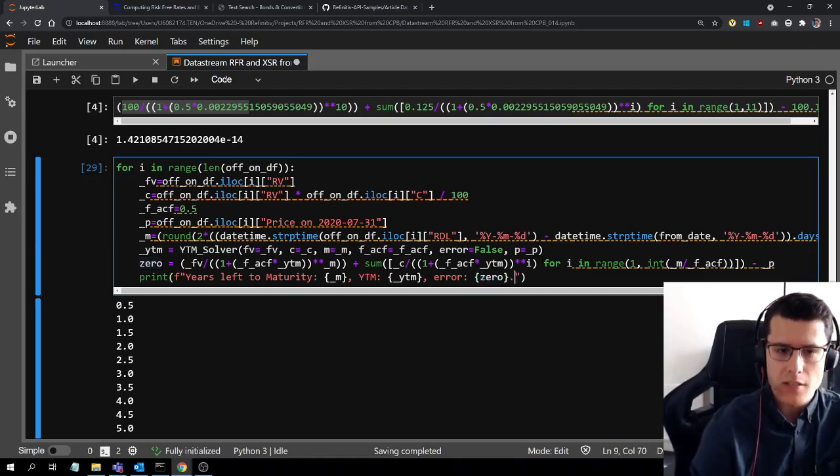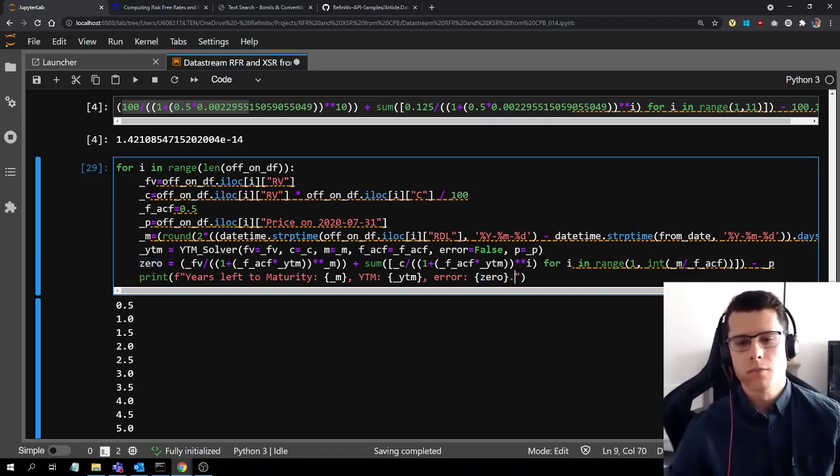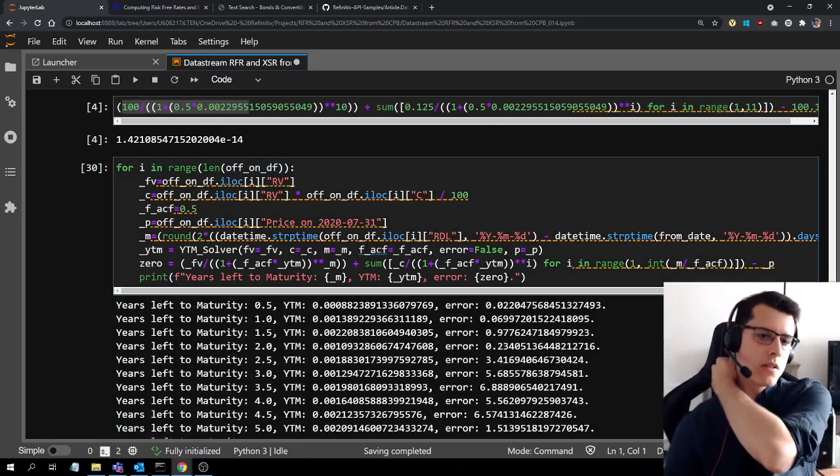All right, so what this does is it just prints all of this for you through the iteration. So I'm iterating for i in the range, going through all of this.